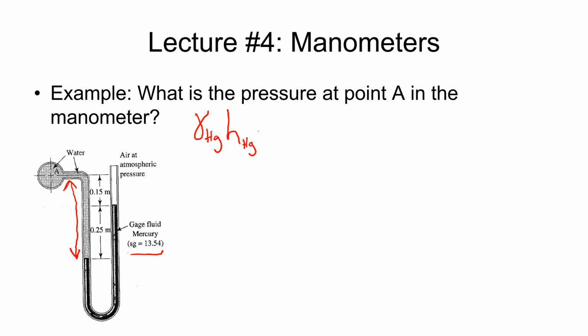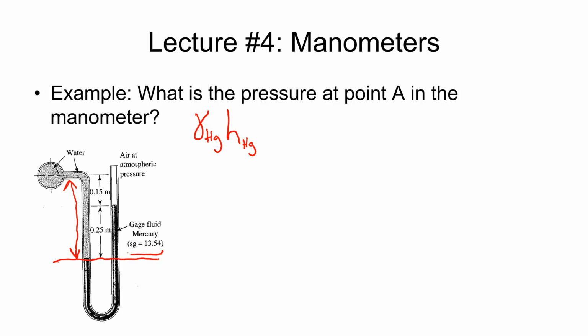Like on a periodic table from chemistry class, Hg is your symbol for mercury. On the right-hand side of the column, the only measuring fluid that we've got is the mercury. We've got air, but it's open to atmosphere, so we're going to have zero pressure there.